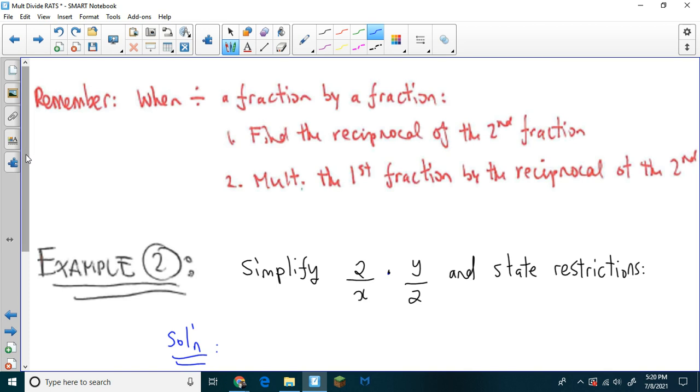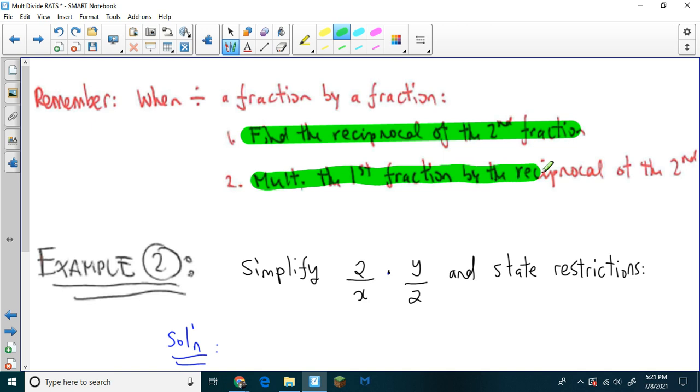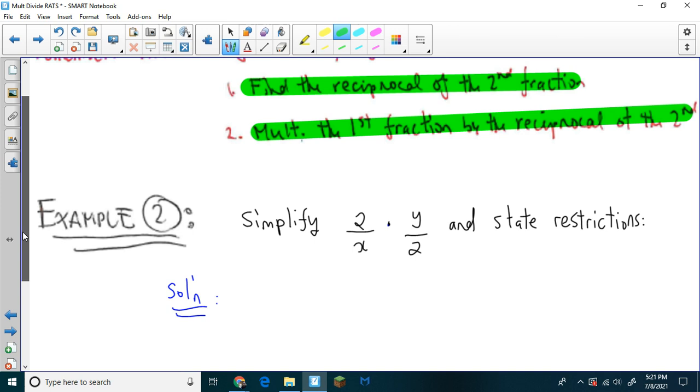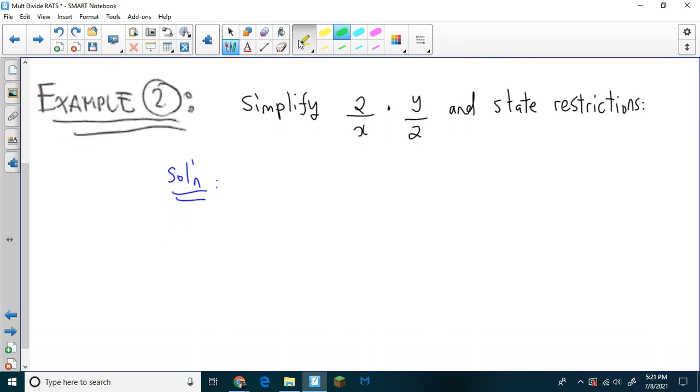Now let's take a look at what happens when I start throwing variables in. Remember, when dividing by a fraction, we want to find the reciprocal of the second fraction, and we multiply the first fraction by the reciprocal of the second. So here, this is 2 over x times, notice sometimes we'll use a dot for times so it doesn't confuse people with a variable, y over 2.